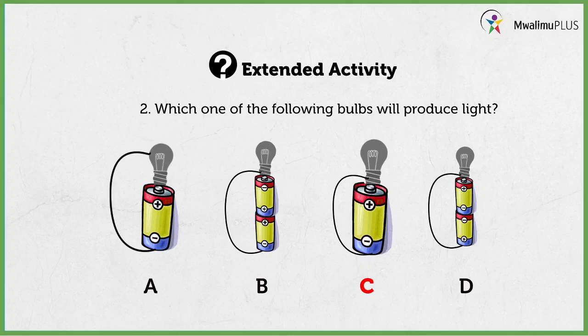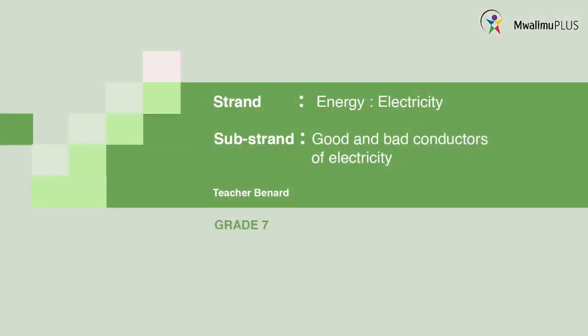Let us go to our topic of the day. Today, we are going to talk about good and bad conductors of electricity. But before we talk about that, let us remind ourselves about electricity.